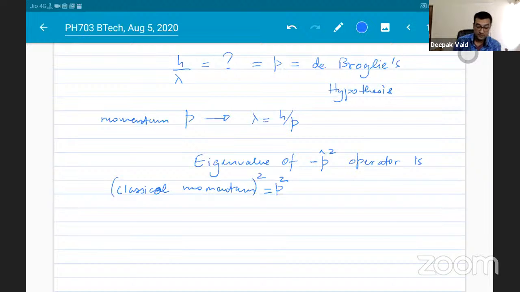Right? So this means I can identify, if you take the square root, you can identify i times p hat as the operator for momentum.